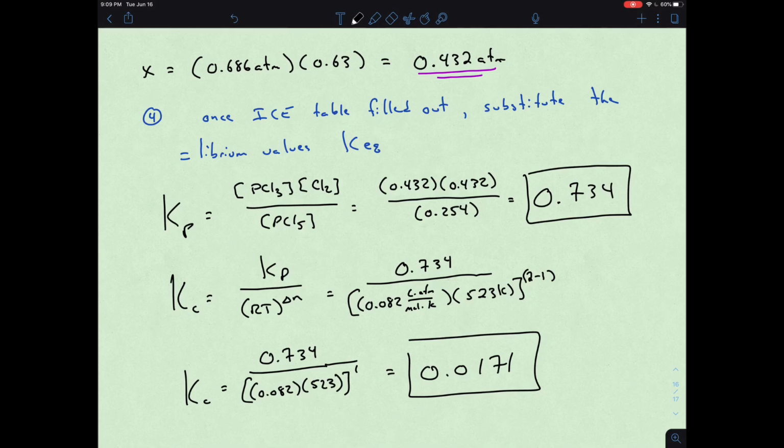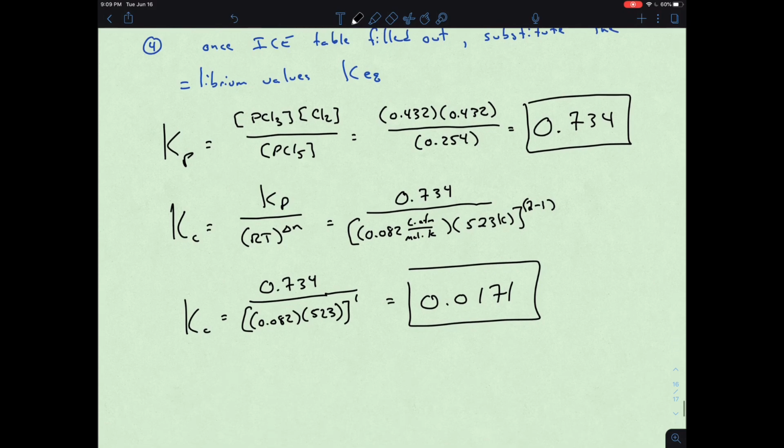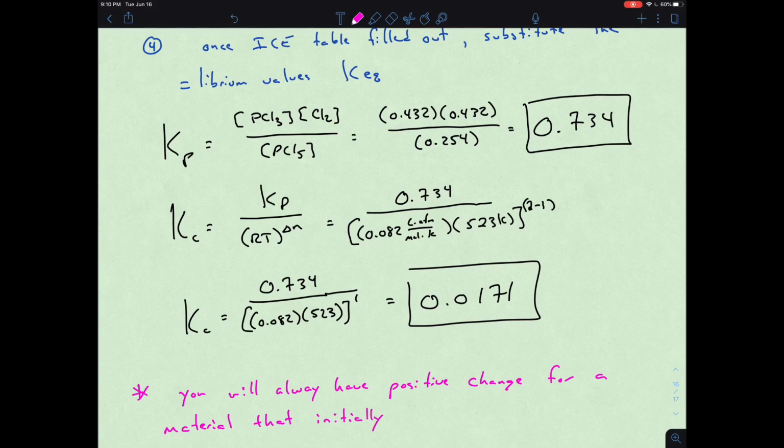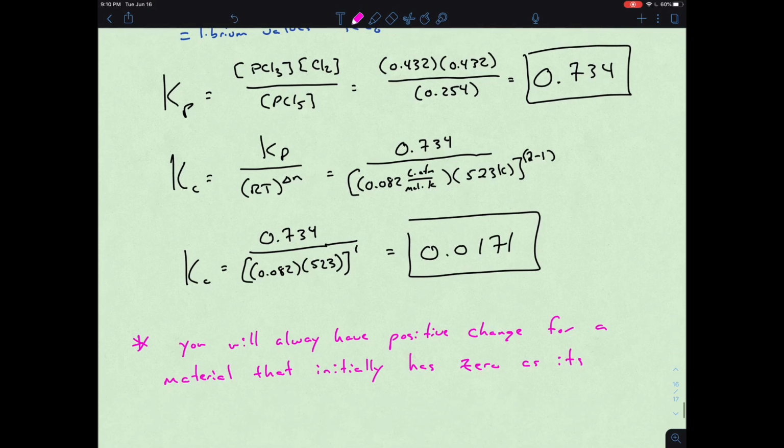And so, the take-home message really with this is that you will always have positive change for a material that initially has 0 as its concentration or pressure.